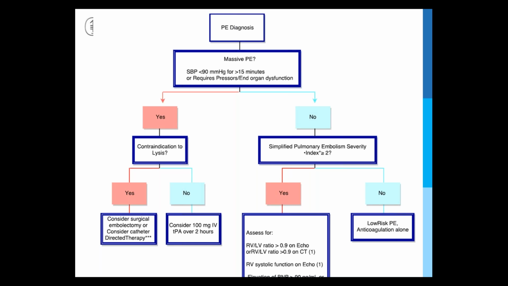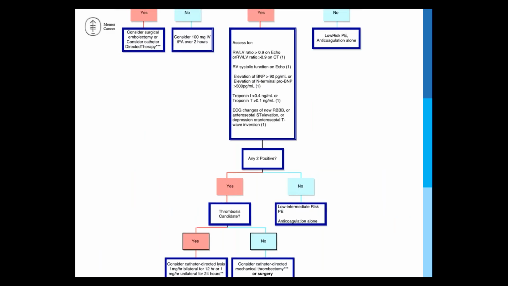Does this patient have massive PE? If the patient has massive PE, can we do surgical embolectomy, or should we consider catheter-directed therapy? Massive PE is actually kind of easy because you know something must be done right now. And if the patient, though, has submassive PE, then at my institution, we want at least to see 2 things abnormal to represent right ventricular dysfunction to say, should we treat this patient or not?